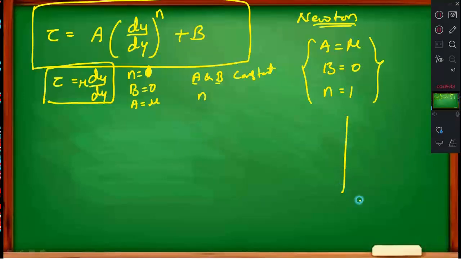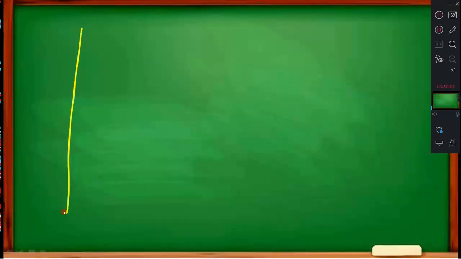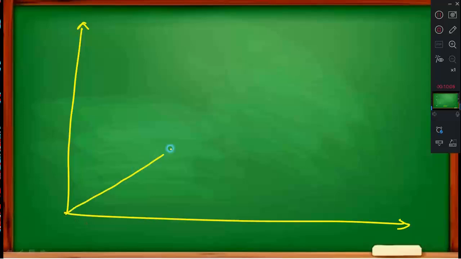The Newtonian fluid means what? B equal to 0 and n equal to 1, then obviously this is a representation of Newtonian fluid. Write Newtonian fluid on it. That I will write clearly. This diagram is very important. Make a big diagram for this. Straight line, Newtonian fluid.